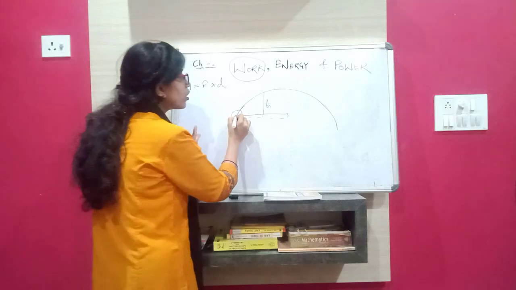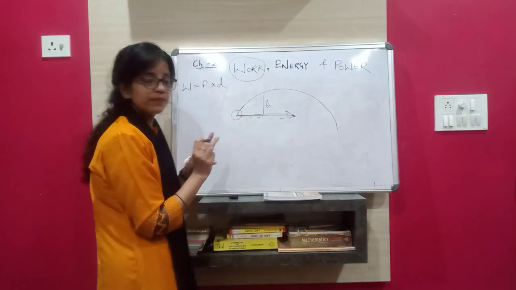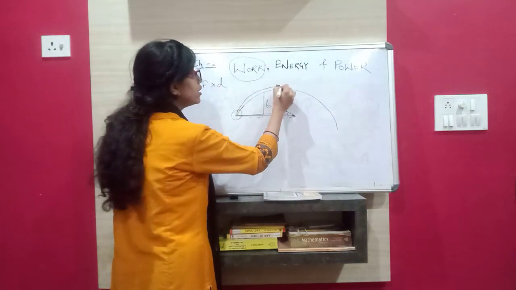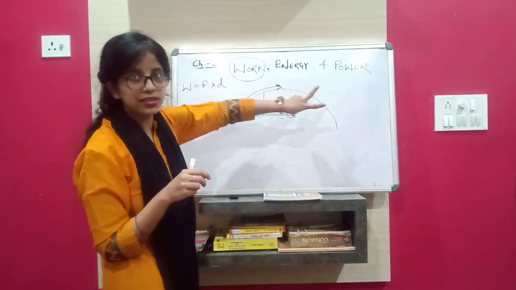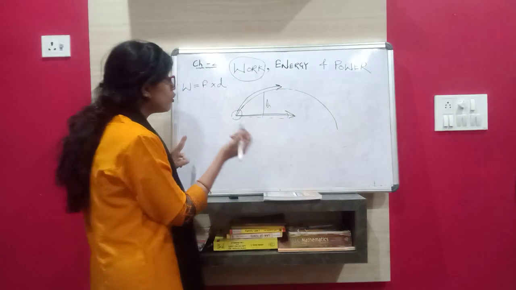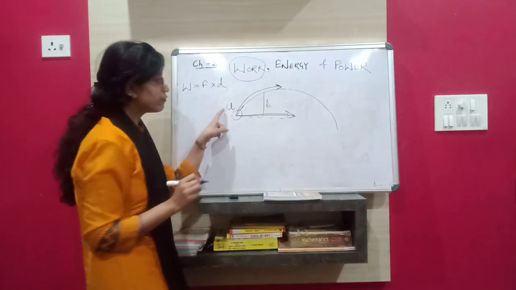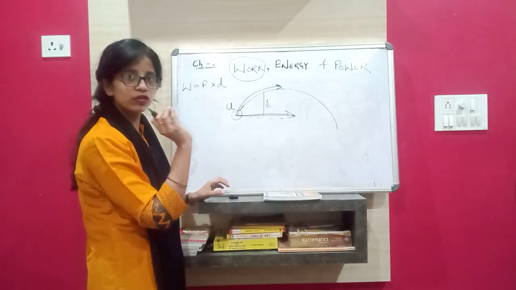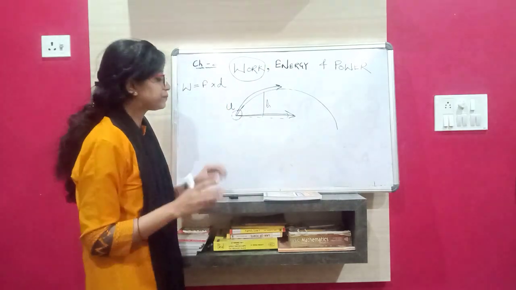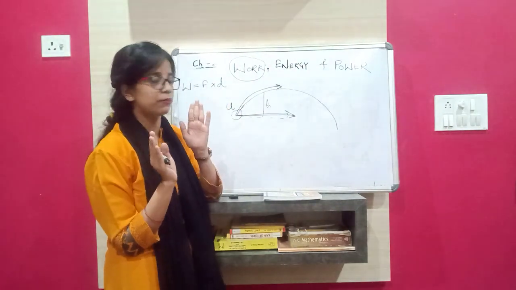One thing is the body is moving in the forward direction, and the body is also moving in the upward direction, and for that we need two velocities, but we have thrown the body with only one velocity. Let us say we have thrown the body with the velocity u. So here is the point.